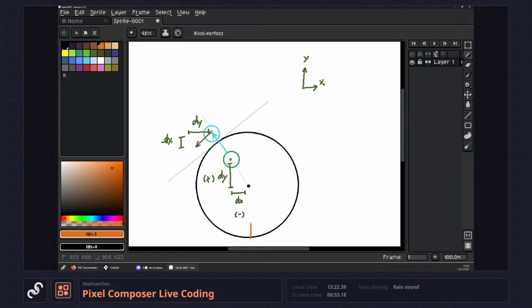And here we can just check because there are two sides, right? In this case, the vector has to look like this. So the dy here is negative, right? The x has to go down, so the x here is positive.